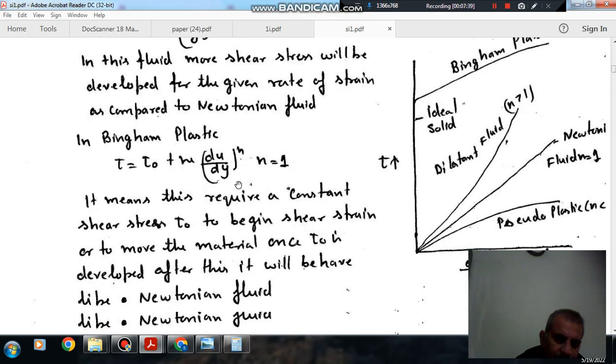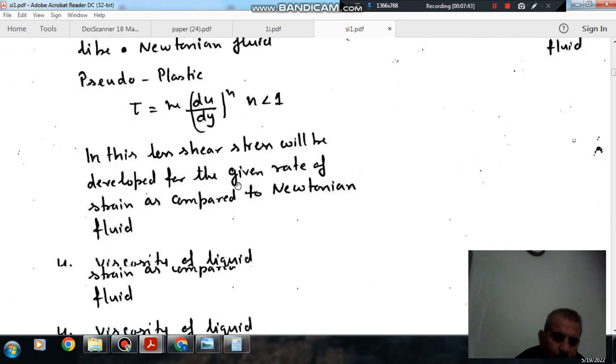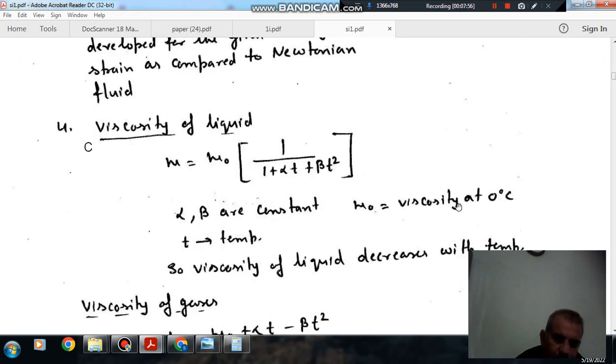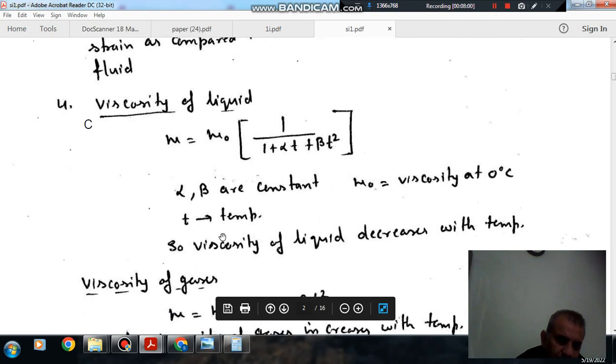Let us see the explanation. The viscosity of a liquid is given by mu equals mu naught divided by 1 plus alpha t plus beta t squared, where alpha and beta are constants, and mu naught is the viscosity at 0 degrees temperature.